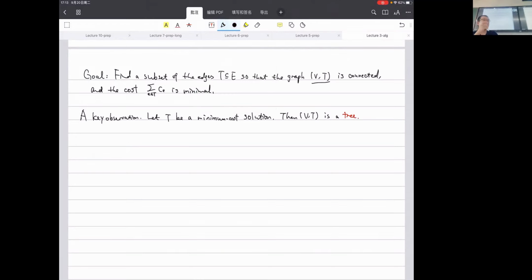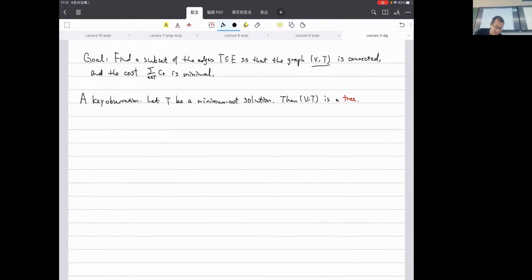Intuitively you can imagine this because a tree is a connected graph, and also it does not have cycles. If there are a lot of edges, if it's far from a tree, it should be quite expensive. And actually, this is relatively easy to prove.